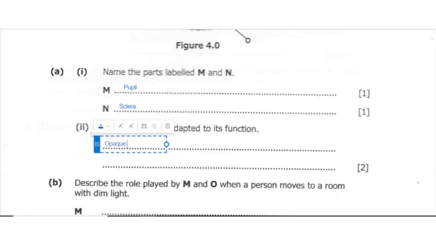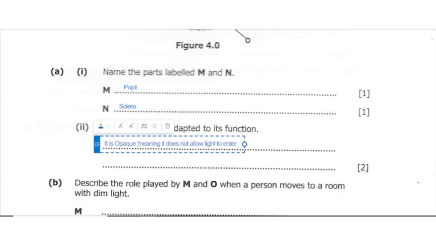It is opaque, meaning it does not allow light to enter.